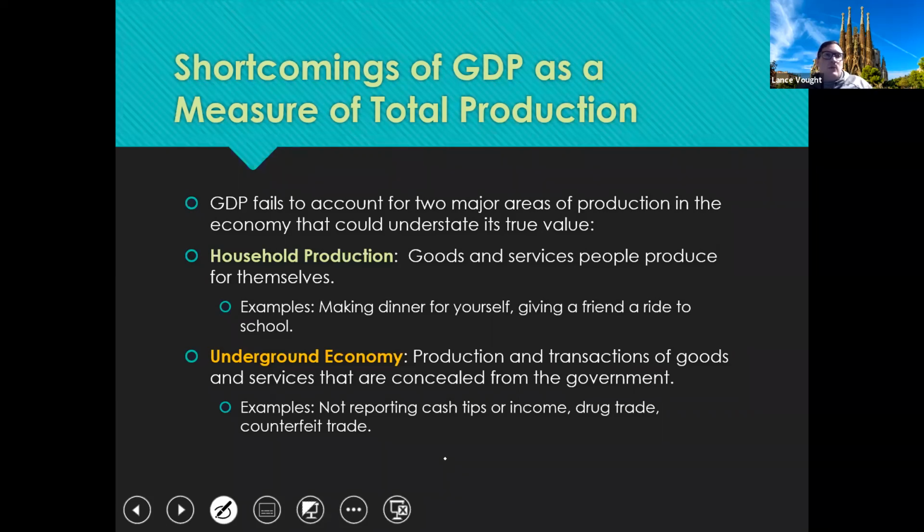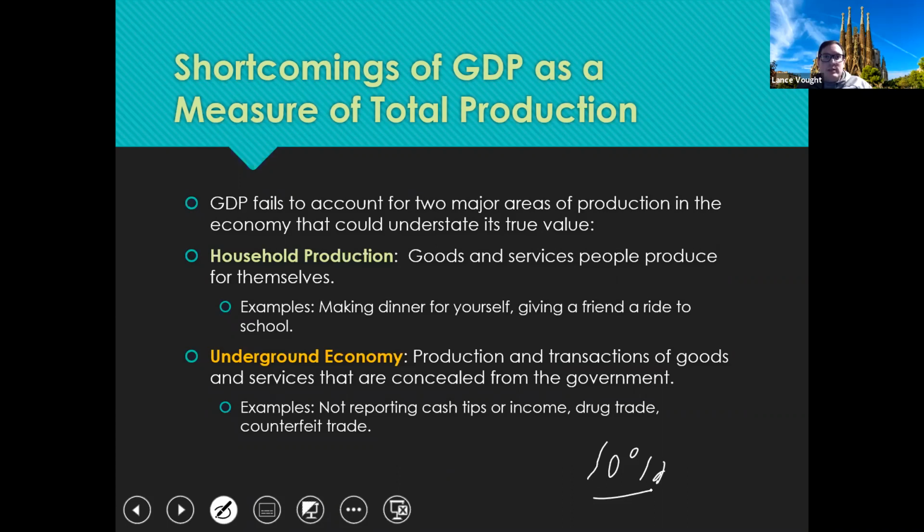But if we were to hypothetically make the entire underground economy legal, it would be equivalent to about 10% of our actual regular above board reported GDP.